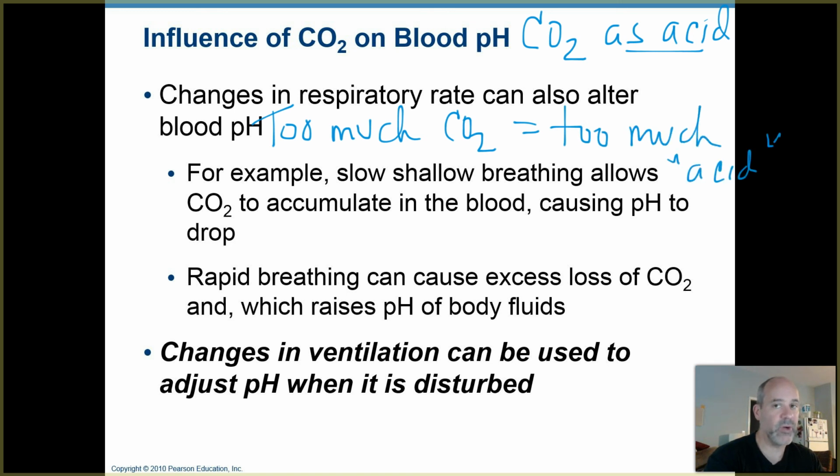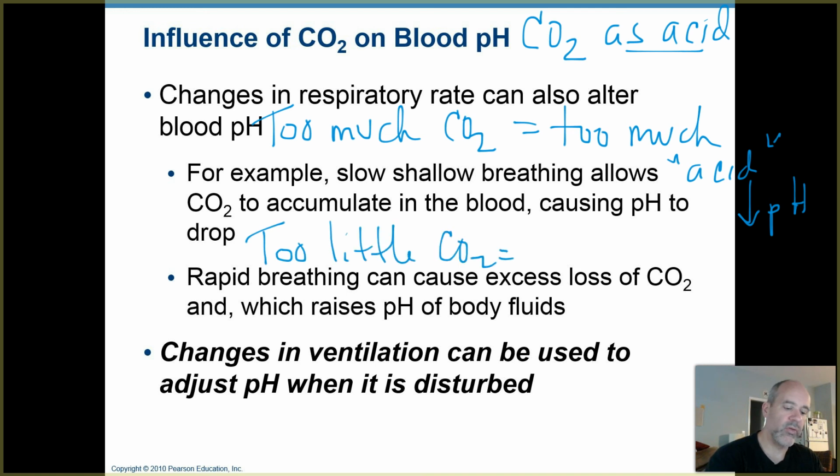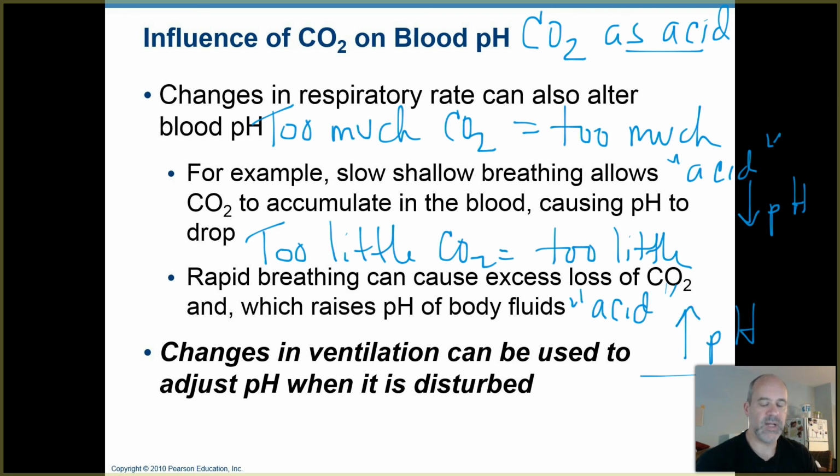Because that CO2 is going to react with water and form carbonic acid. What's that going to do to your pH? It's going to lower your pH. Too little CO2 is too little acid. Now what's that going to do? Too little acid is going to raise your pH. So that's usually the best trick to use for thinking about the influence of carbon dioxide levels on the pH of your blood and your body fluids.